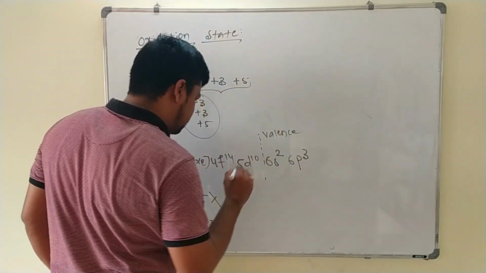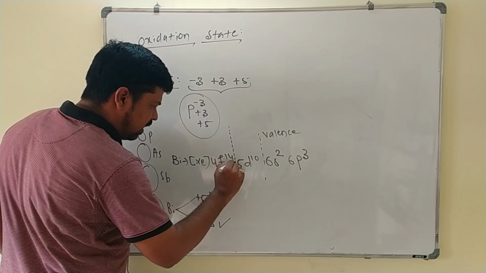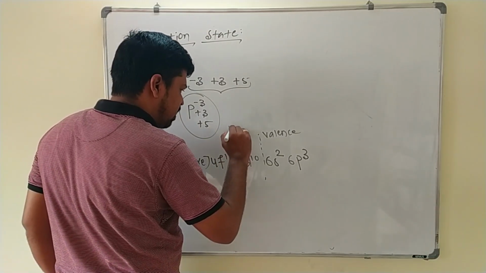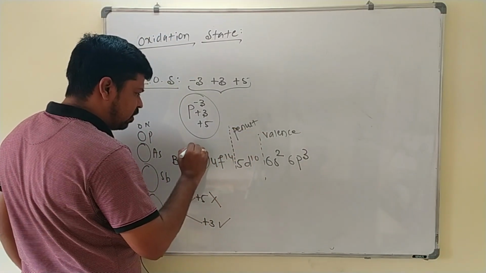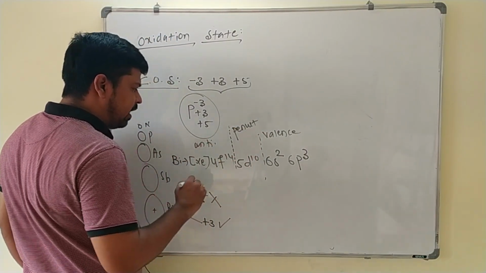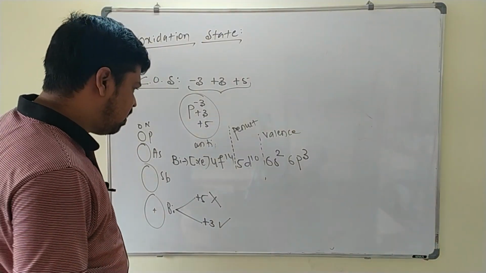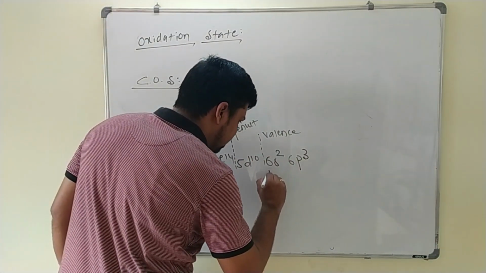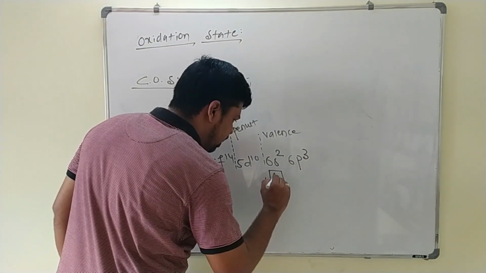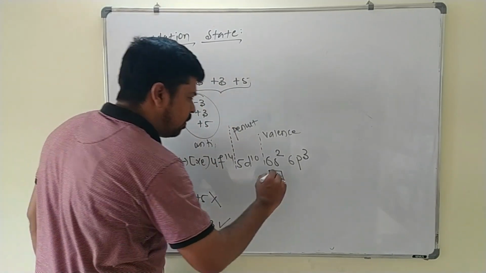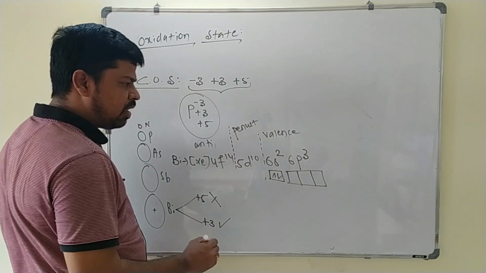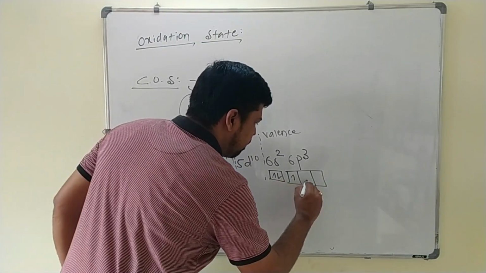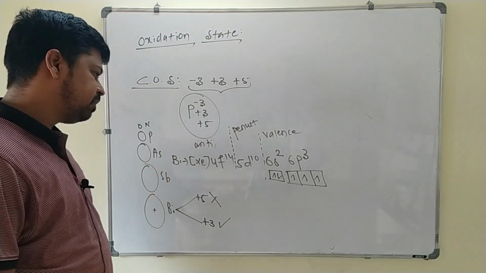These are valence electrons, and these are the electrons present in the penultimate shell, and these are the electrons present in the anti-penultimate shell here. Now what happens? The 5 valence electrons are there in bismuth, meaning 2 electrons are present in the 6s orbital, and the remaining 3 electrons are present in what here? The 6p orbital, and here 3 unpaired electrons are present.